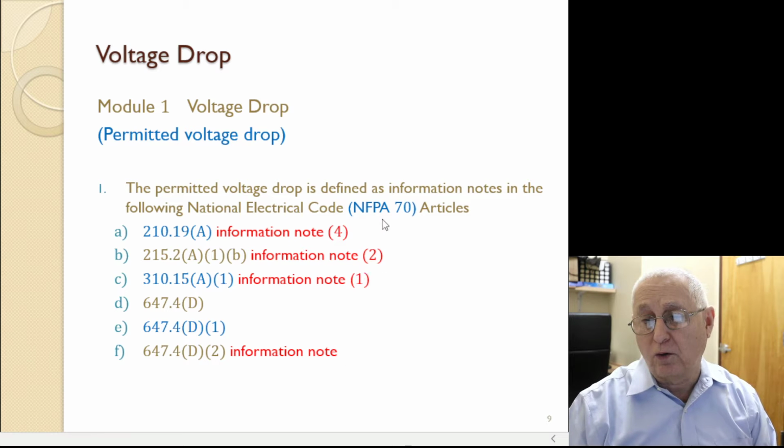These are all the articles that will discuss the permitted voltage drop. The information notes don't carry the weight of code. They're a suggestion, but they're a very strong suggestion.